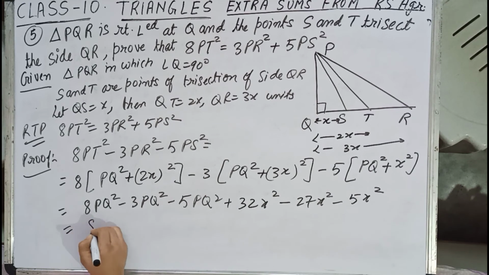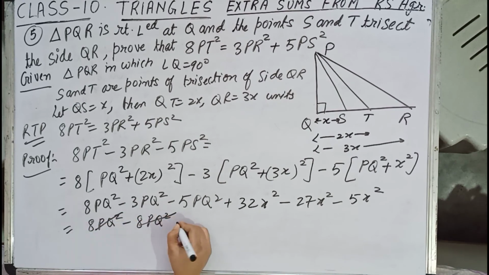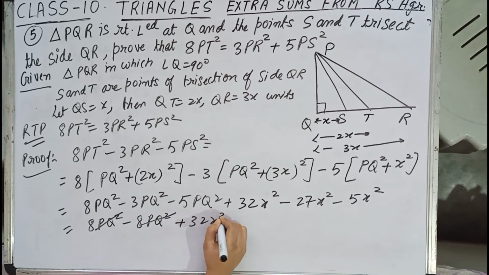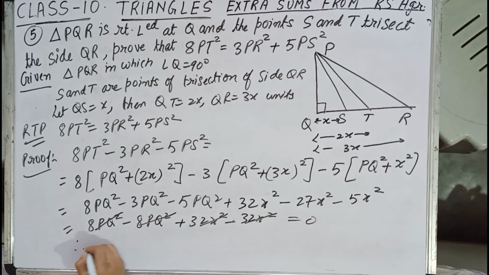Now this will be equal to 8PQ square, minus 3 and 5 is 8PQ square, plus 32x square minus 27 and 5 is 32x square, cancel. So we are getting 0.